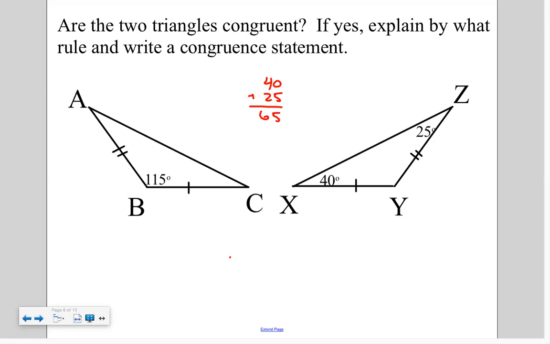Since I know that all three have to add to 180, subtract 65 from 180, and I do get 115, which proves these two angles are congruent, which allows us to use side angle side to prove that they are congruent. And again, I'm skipping over the congruent statement part because I want to make sure we get to the other notes. But we could use the side angle side as our reason for showing them to be congruent.